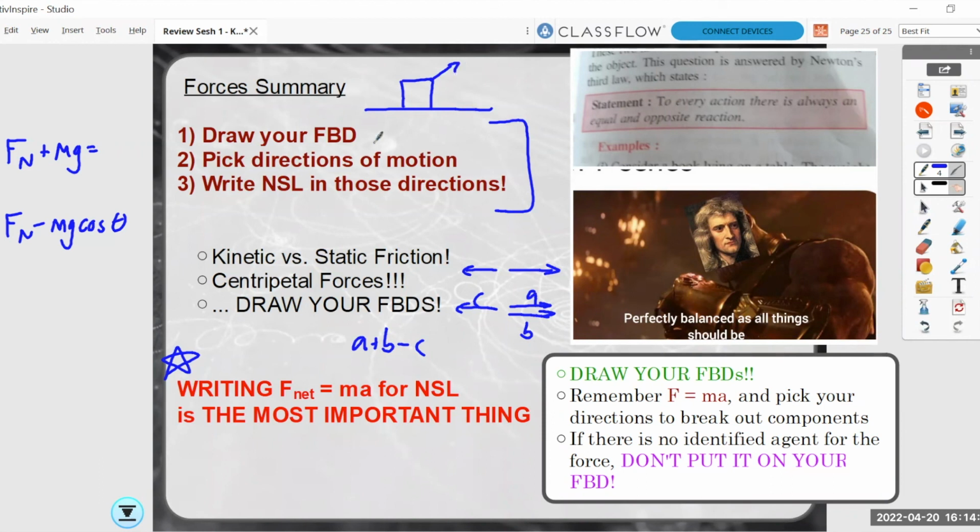We've got to say, oh, well, our normal force plus the y component of whatever that force is minus gravity has to equal 0. 2 up and 1 down. So make sure you're capturing every single force from your free body diagram when you're writing out your Newton's second law, and you're going to be okay.